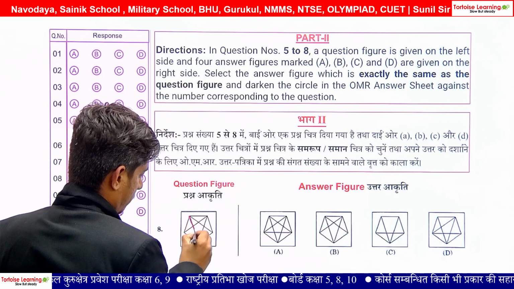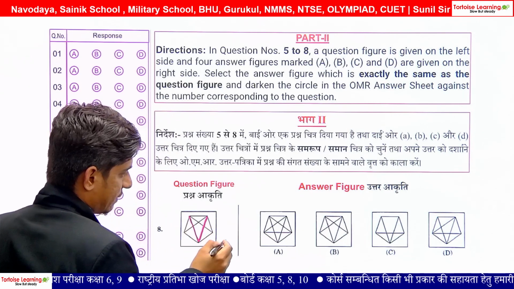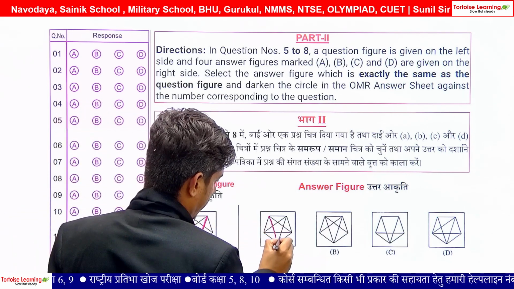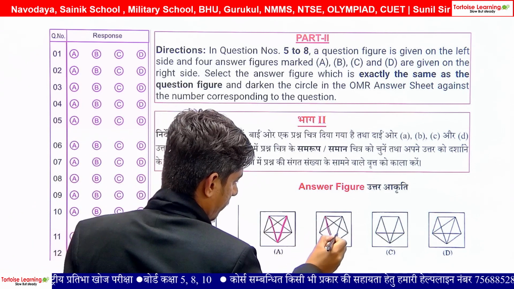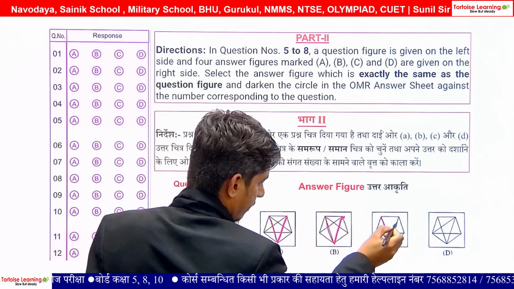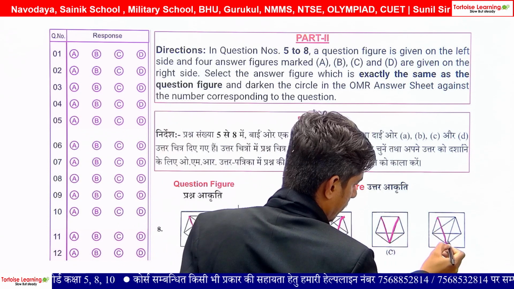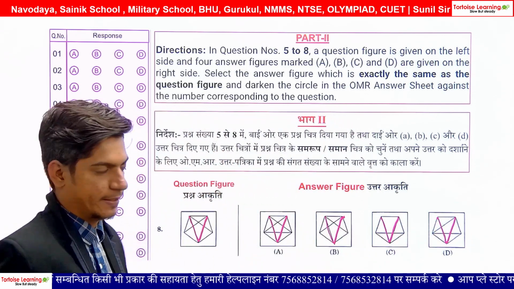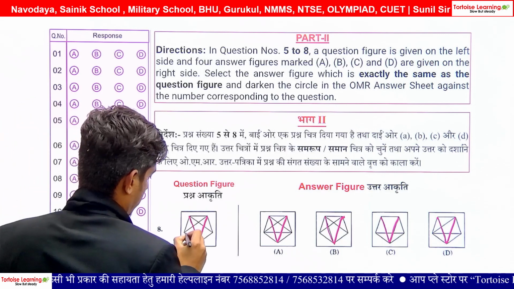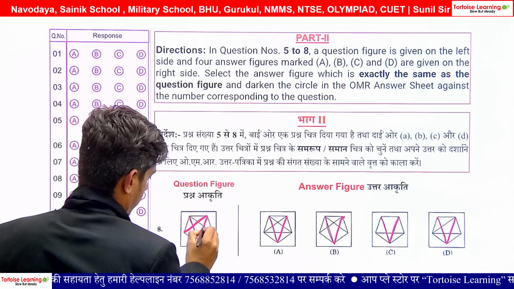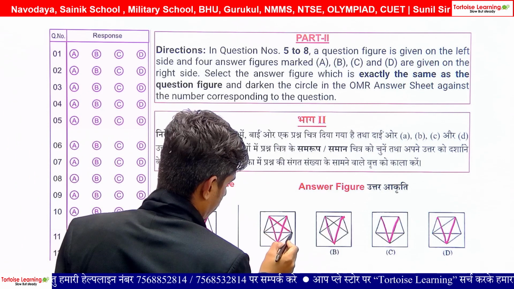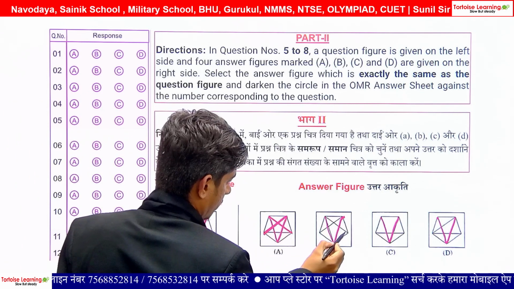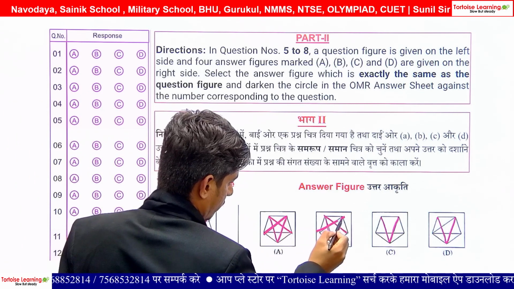Here one V is there. This is one V, this is one V, this is one V, this is one V. Until now we can't determine which one is correct. And next, to cross, to cross, to cross.